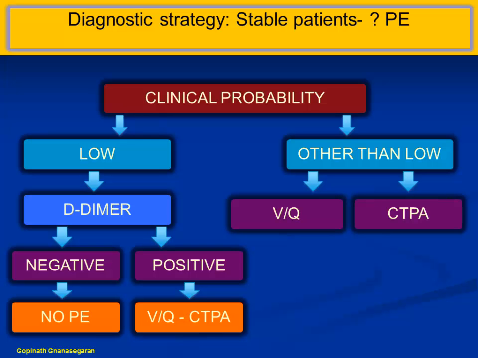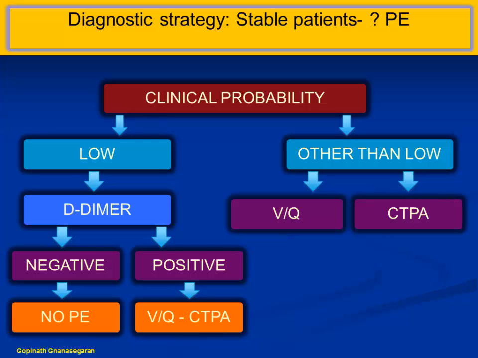That again becomes regional, whether you want to go for a CTPA, because most of the departments have switched over now. They directly go for a CTPA rather than a VQ scan, unless the patient is pregnant or has a contraindication like renal insufficiency or contrast allergies. Otherwise most of them do a CTPA.